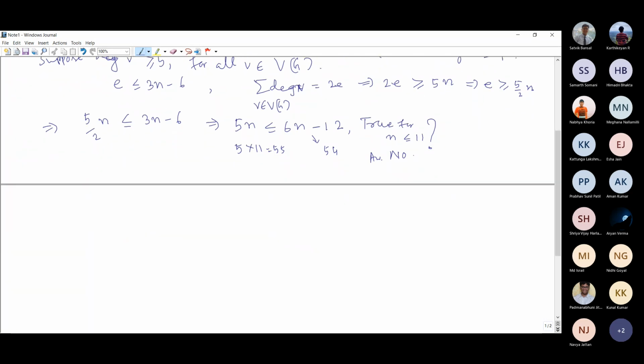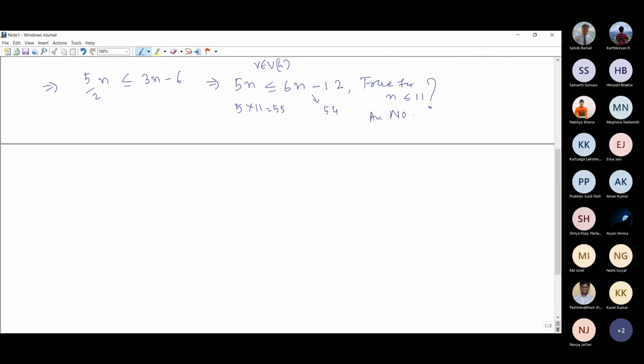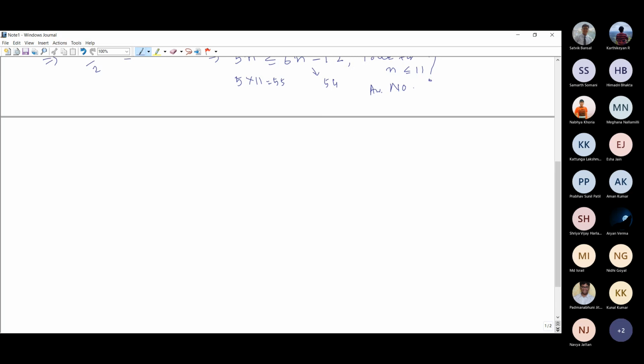Next one, prove or disprove. If G is a planar bipartite graph, then G has a vertex of degree 3 or less. You can prove this in a similar way. In case of a planar bipartite graph, the process is the same as above.